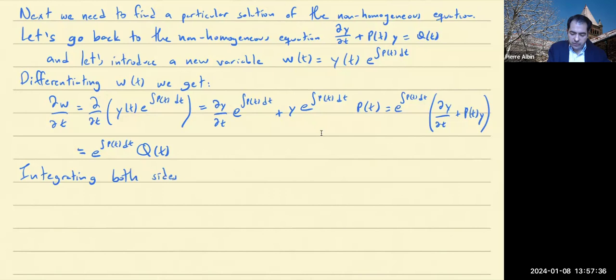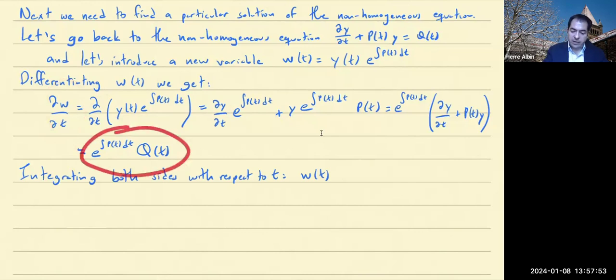Integrating both sides with respect to t, we get, well, on the left-hand side, we're integrating the derivative of w with respect to t, so that's just w.